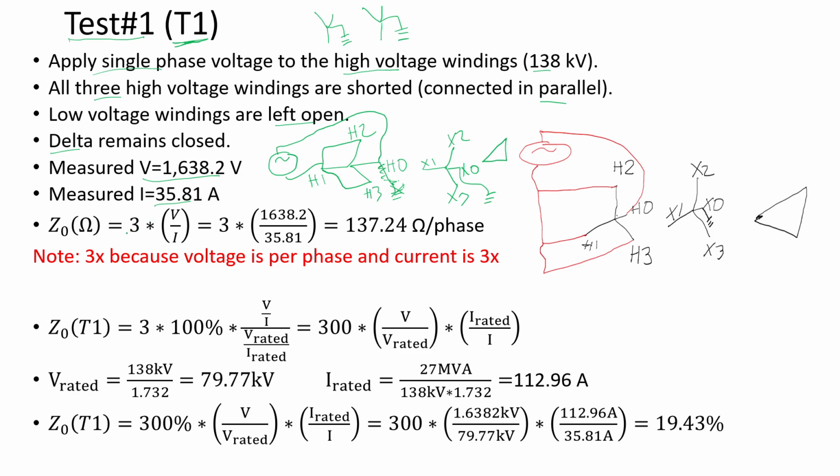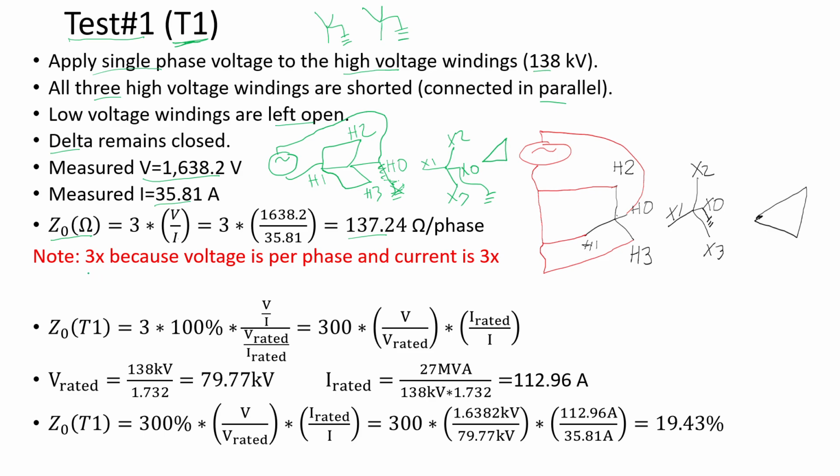The measured current is 35.81 amps. So this is how you calculate the zero sequence impedance in ohms. It's 3 times the measured voltage divided by the measured current. So 3 times 1638.2 volts divided by 35.81 amps, which comes to 137.24 ohms per phase.